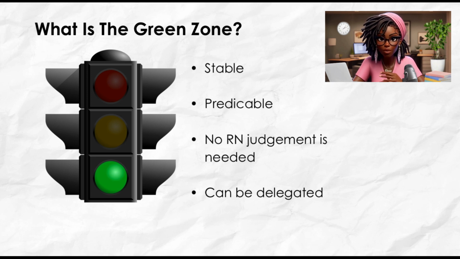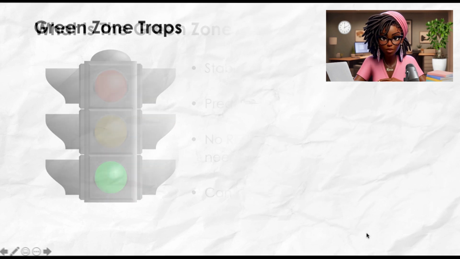For example, you have patients who might have a chronic condition with expected symptoms, or maybe it's just routine monitoring that's required. Maybe it's even just feeding a stable patient, or a patient who is post-op day 3 that you need to assist with ambulation. Basically, if there are no surprises, it's probably a green zone situation.